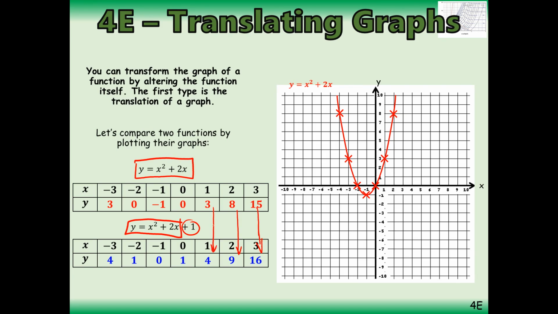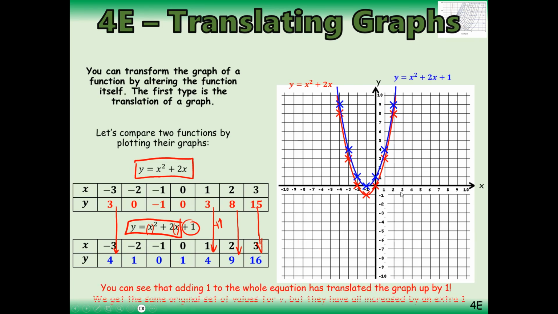So all these are just going up by 1 unit. Because there's nothing that we did to the x values here, we just added it after we evaluated the x values. So the graph will simply move up by 1 unit. So this is called translation upwards by 1 unit.